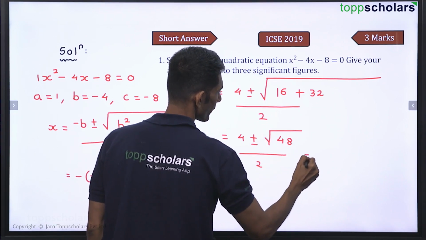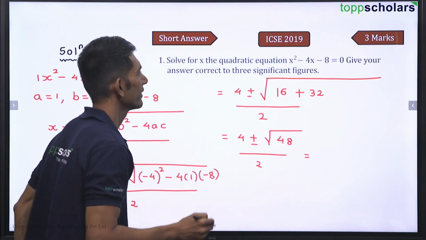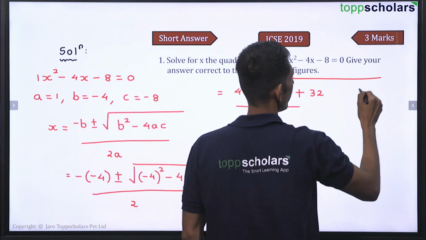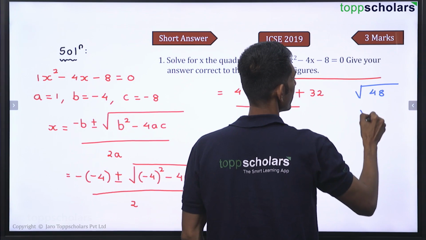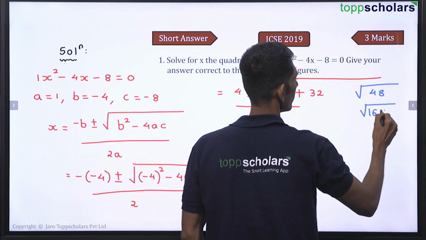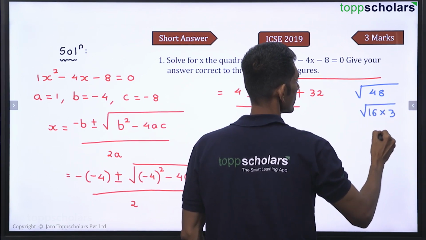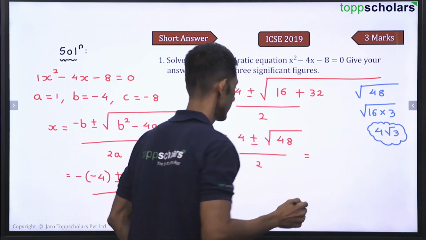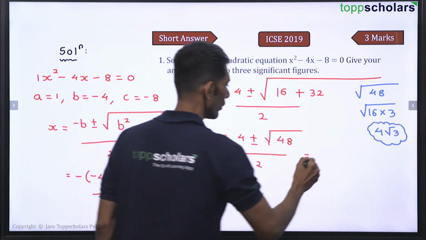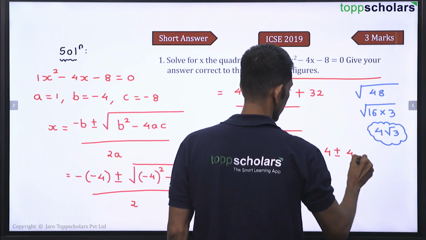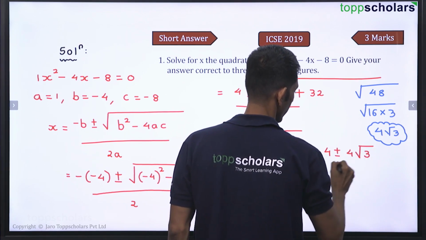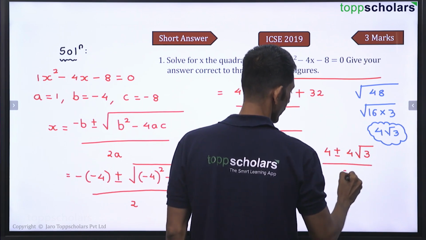Under root 48. Can I write down 48? If I talk only about under root 48 separately, I can write it as 16 into 3. Under root 16 is 4, so I get 4 root 3. So this becomes 4 plus or minus 4 root 3 divided by 2.